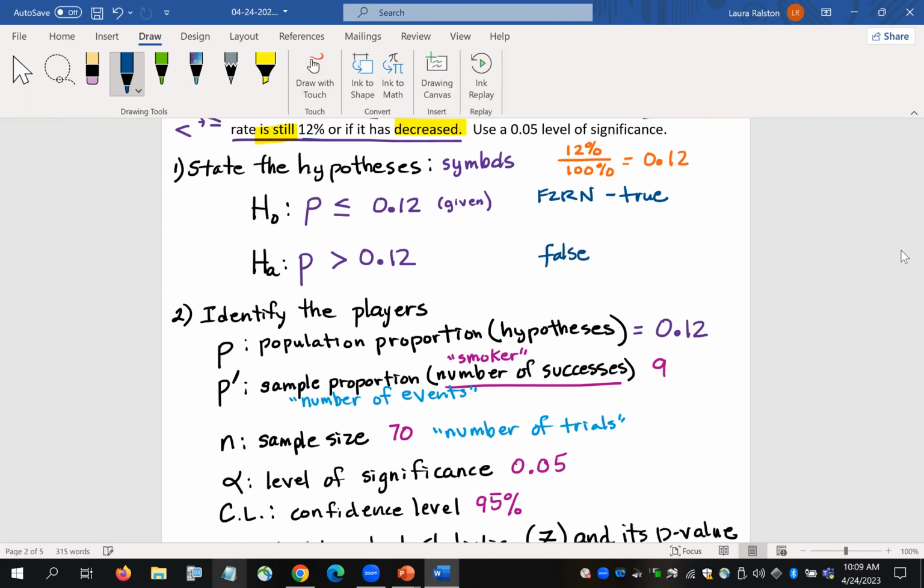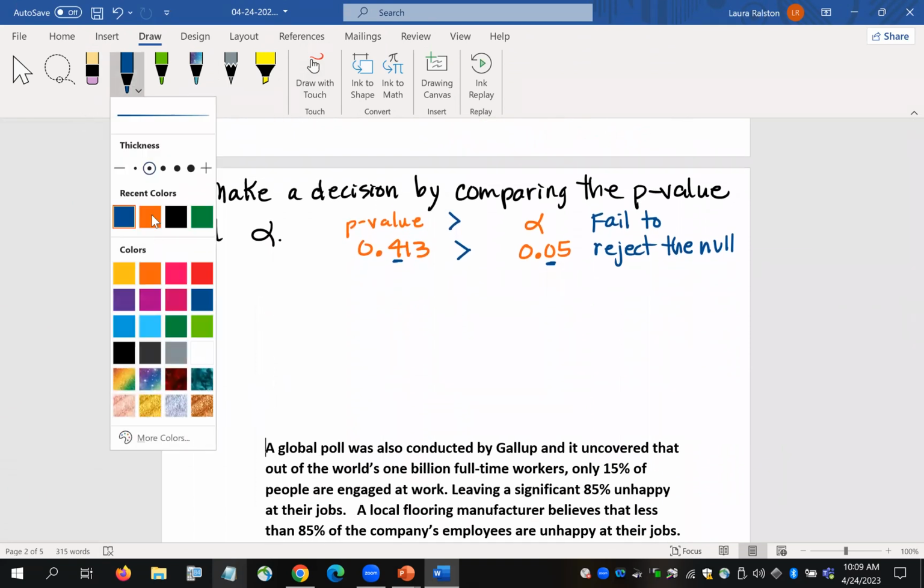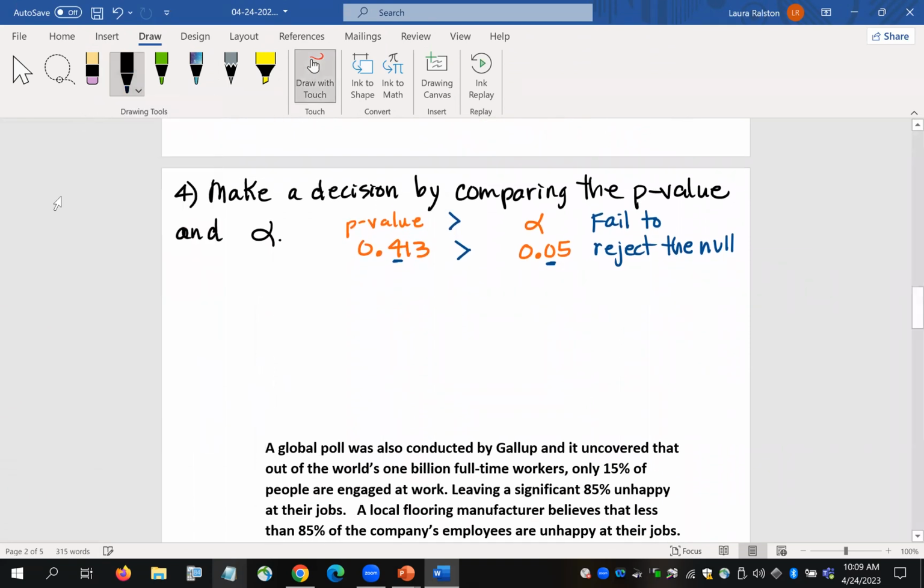So based on the evidence that I have, the rate is still 12% or it has decreased, because I have proven with the evidence that we have that the null hypothesis is true. So then step 5 is to write our conclusion.